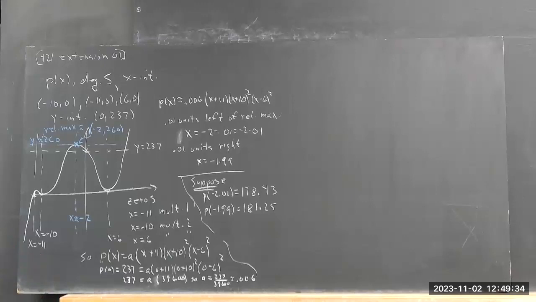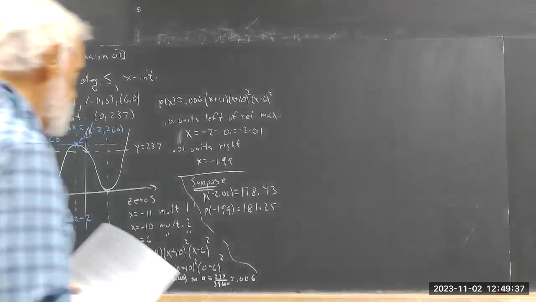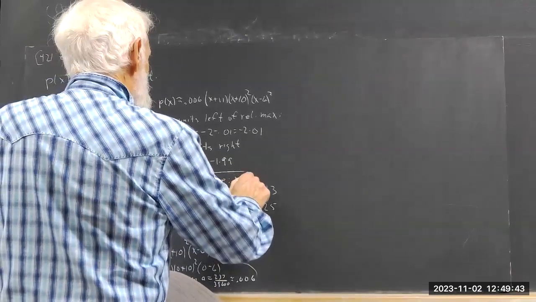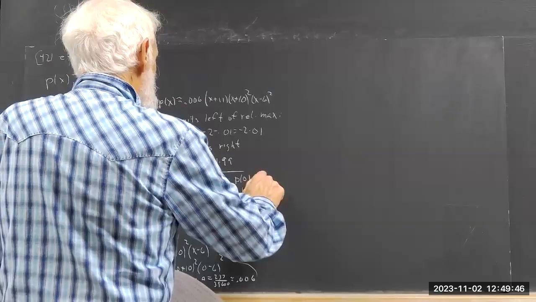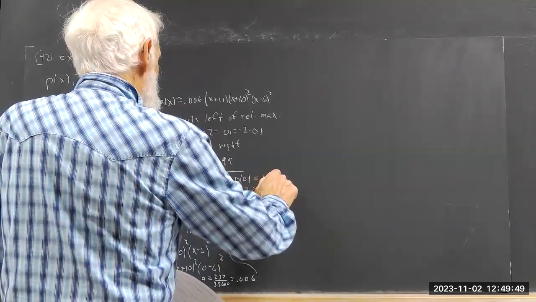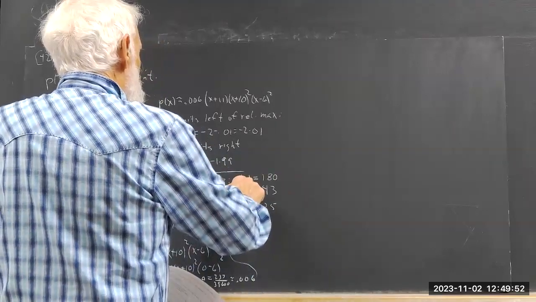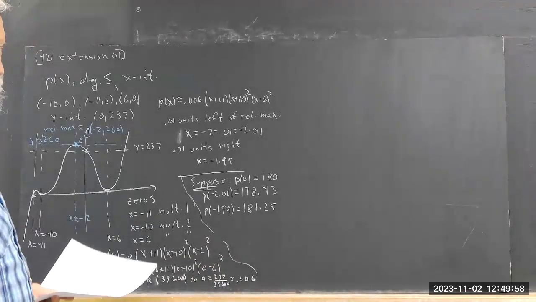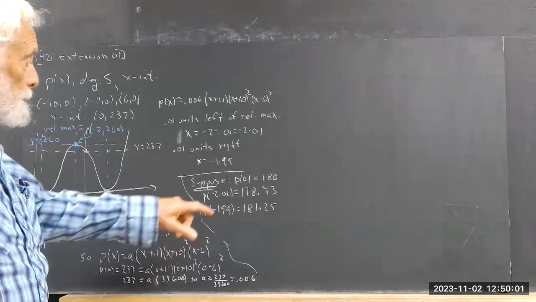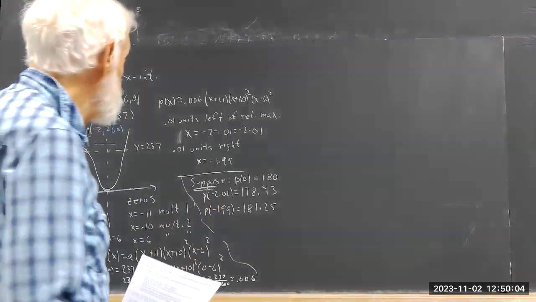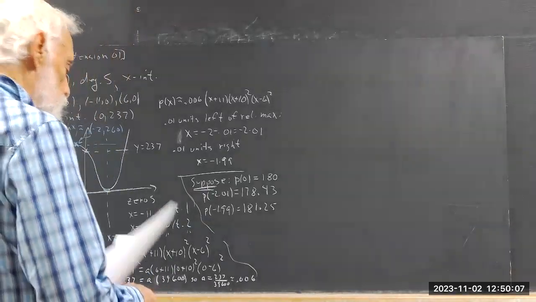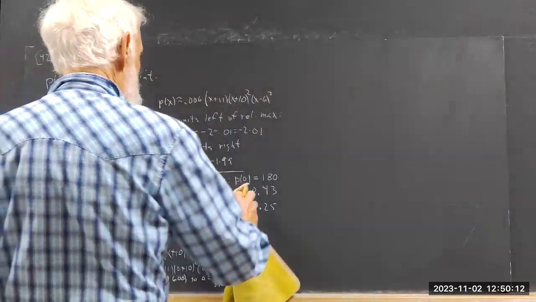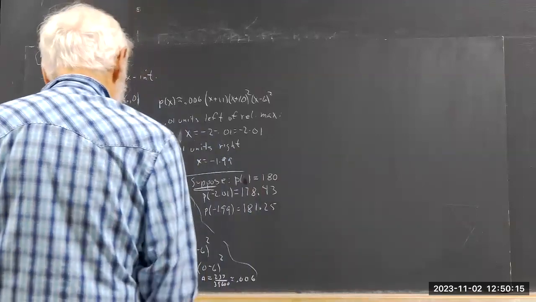Here's your vertex. Let's suppose that P of -2 was 180, because actually it's probably closer to 240 or something like that. 237 is too far off. It's not P of 0, it's P of -2, sorry. Might be a little confusing right now. I'll try to clarify in a second.